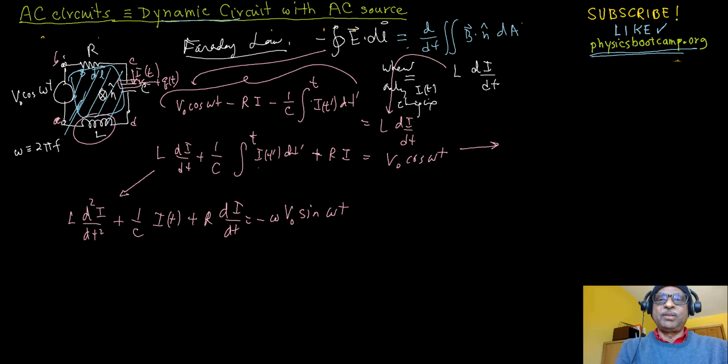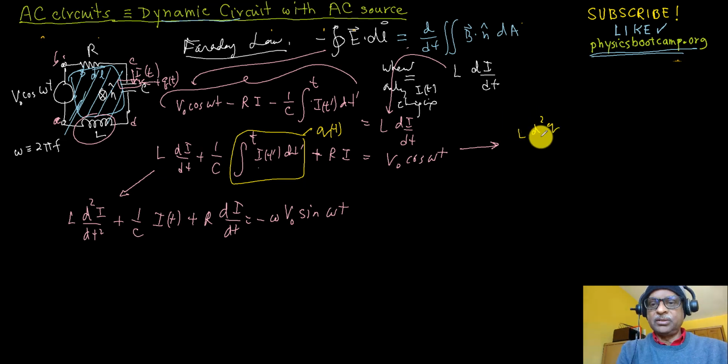Or another way to do it is just call this guy q(t). Then this becomes L d²q/dt² plus 1 over C q plus R dq/dt equals V0 cosine omega t.